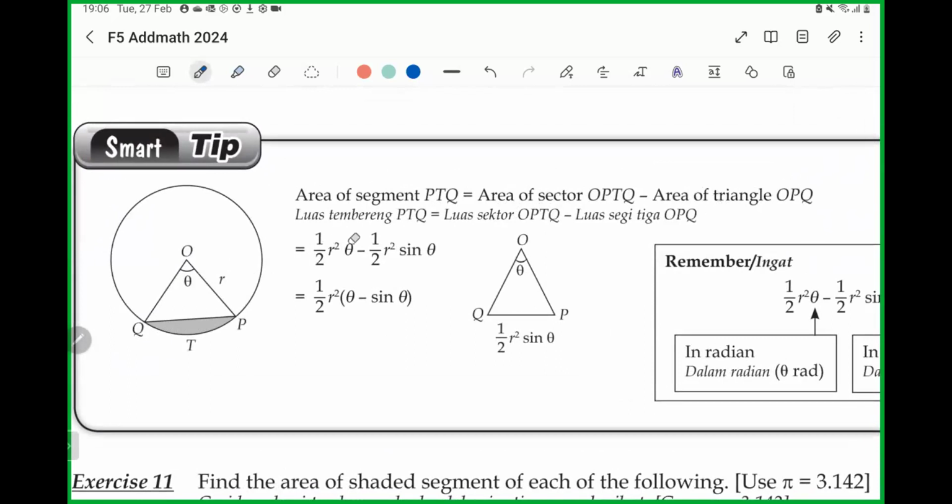So 1 over 2 r squared theta minus 1 over 2 r squared sine theta. 1 over 2 r squared sine theta is the area of the triangle. 1 over 2 r squared theta is the area of the sector. Or else you can combine them. How to combine? It makes it short for you. 1 over 2 r squared is the same, so you factorize it. It becomes 1 over 2 r squared in the bracket, theta minus sine theta.